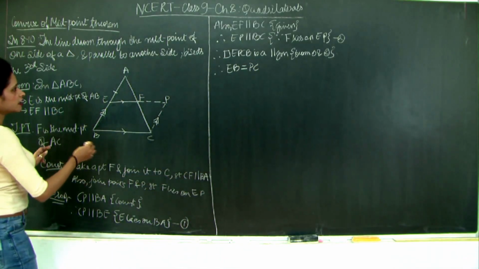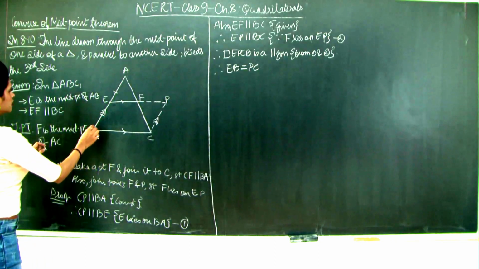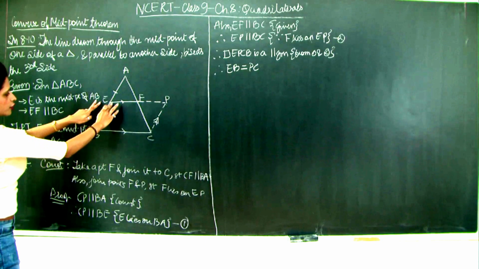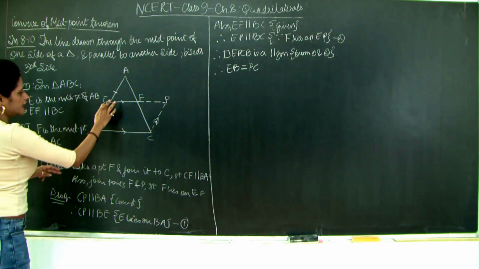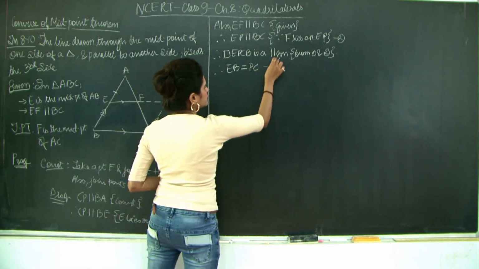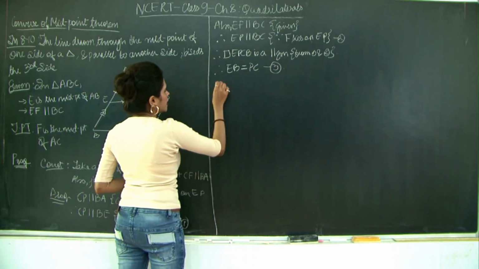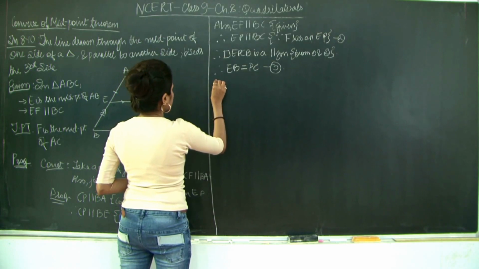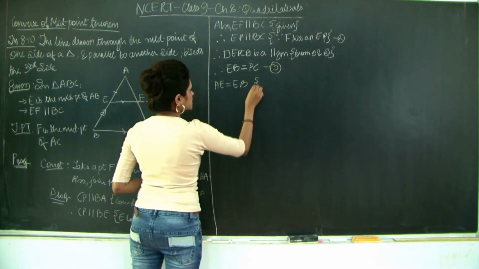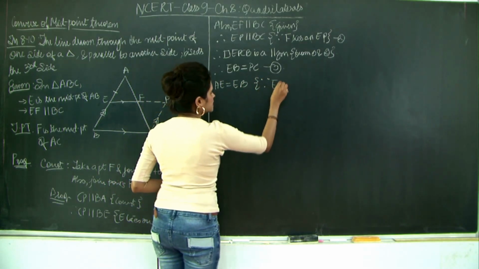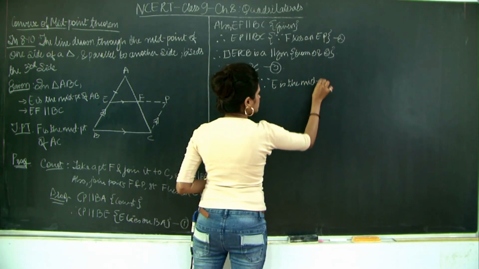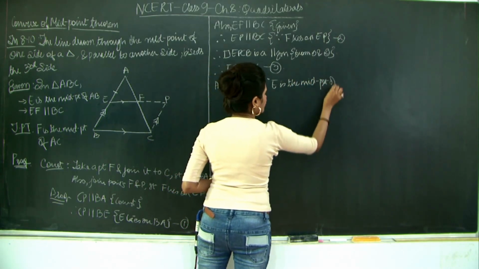We have that E is the midpoint of AB. That means AE is equal to EB. Let's mark this as 3. I have AE is equal to EB since E is the midpoint of AB.